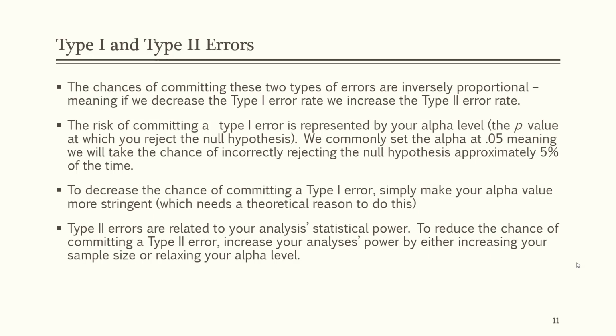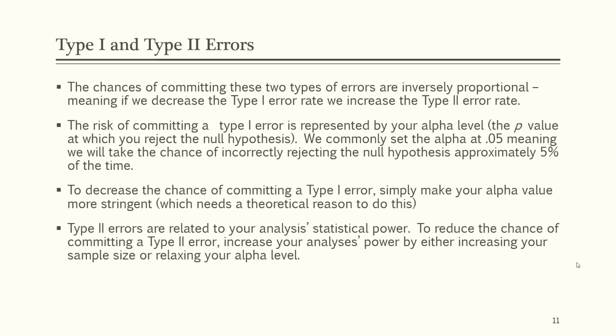And to decrease that, you have to have a theoretical reason. So if you're going to actually say, no, I'm going to set my alpha at 0.01, so only 1 time out of 100 am I going to risk the type 1 error, you have to have some research behind that to say that you have a strong enough relationship between those variables to make that.